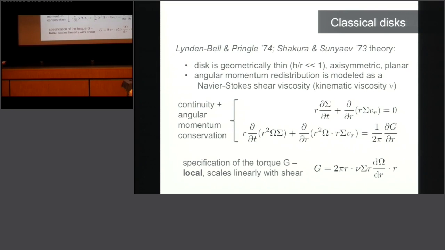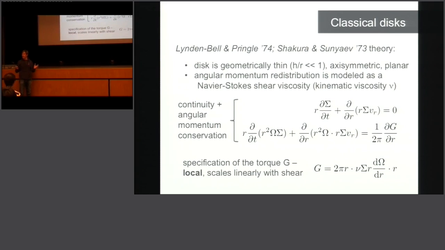And the critical quantity there is the kinematic viscosity, which we label as nu. Now, the key point here is that although this sounds like a complicated thing, a Navier-Stokes viscosity, and so on and so forth, actually there's really only very simple considerations that are needed in this case where we're considering an axisymmetric planar disk.